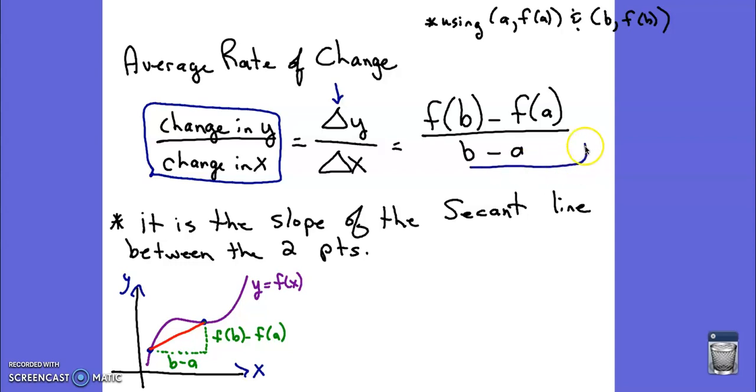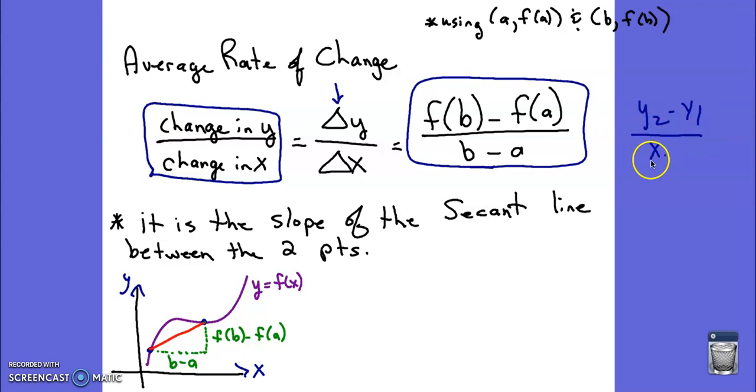Now this is the way that you need to be familiar with it. A lot of you might think of this as y2 minus y1 over x2 minus x1. Normally we have x, y, x, y.